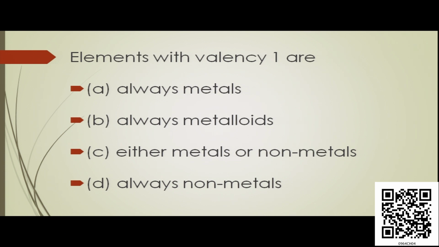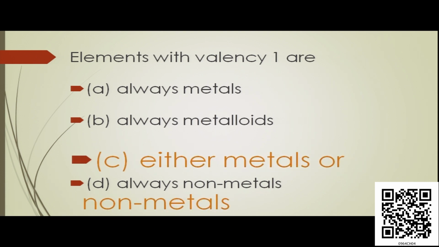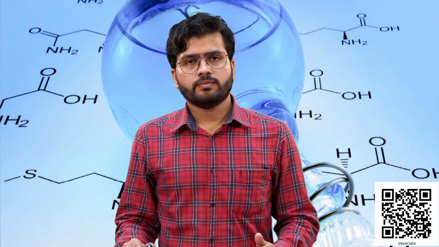Now if you try to recall, a metal like sodium has valency 1, and non-metals like chlorine also have valency 1. So if you correlate it, the answer will be that it can either be a metal or a non-metal. So option C will be the correct answer.